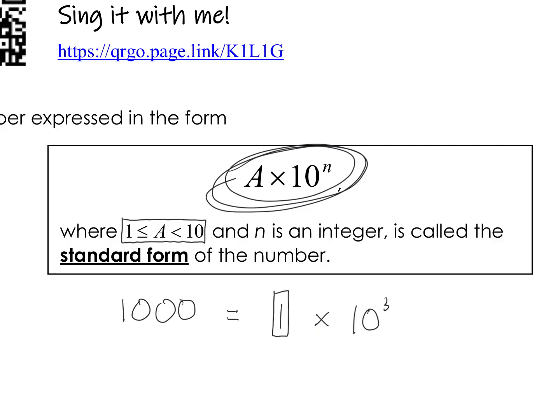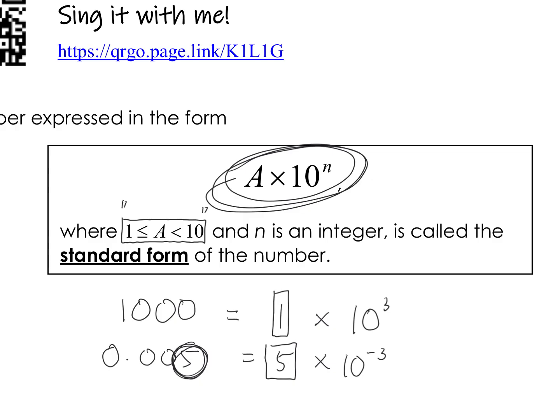So for example, if I have 0.005, I will write it as 5 times 10 to the power of negative 3. So standard form must always have a value that is between 1 and 10 but include 1. Cannot include 10. Okay, so this is just the general idea.